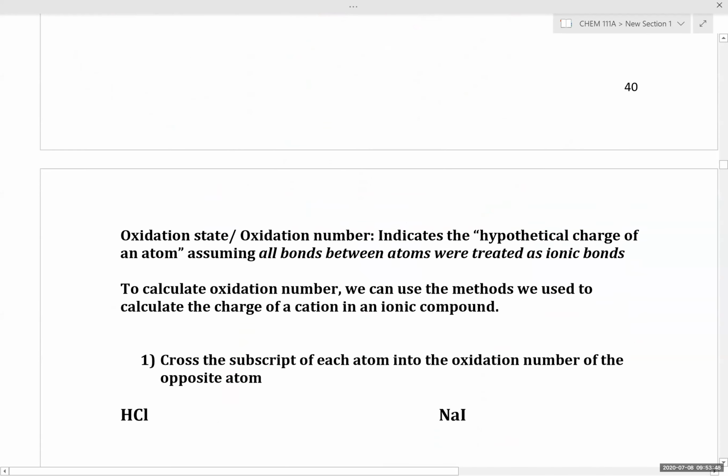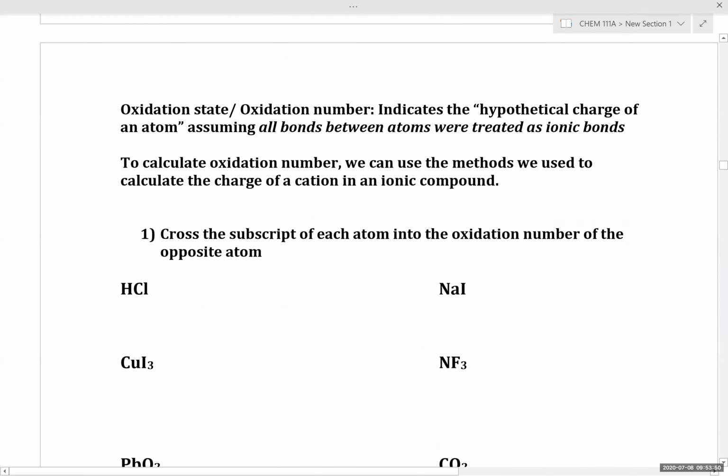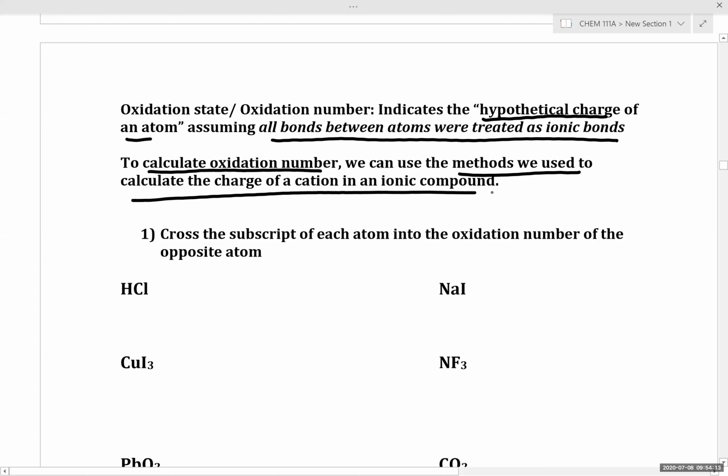Okay, so to calculate oxidation state and oxidation number, I like to think of it as the hypothetical charge of an atom, assuming all bonds between atoms were treated as ionic bonds. The reason why I like this definition is that it allows us to use the methods that we use to calculate the charge of a cation in an ionic compound.